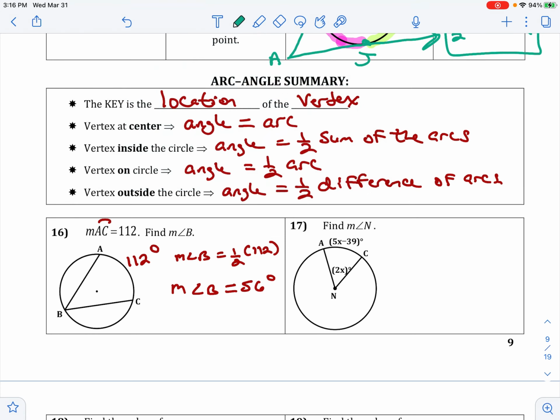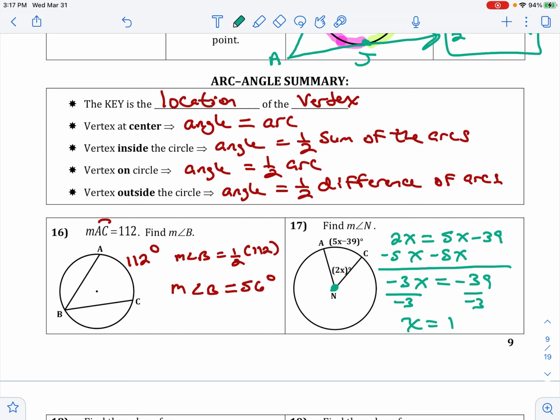Okay. In number 17, they want us to find the measure of angle N. So again, the location of the vertex is at the center. That means it's a central angle, and central angles equal their arcs. So 2x equals 5x minus 39. If I subtract 5x, then I get negative 3x equals negative 39.